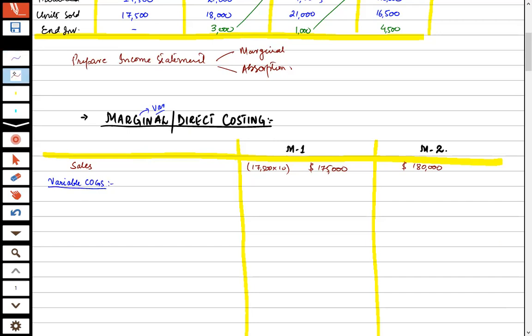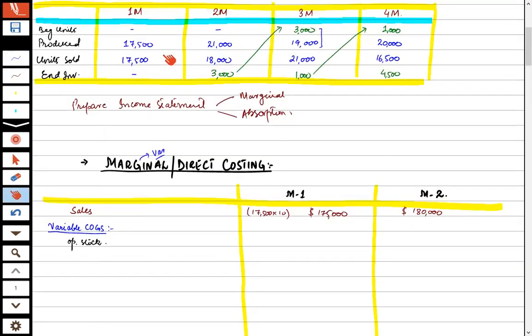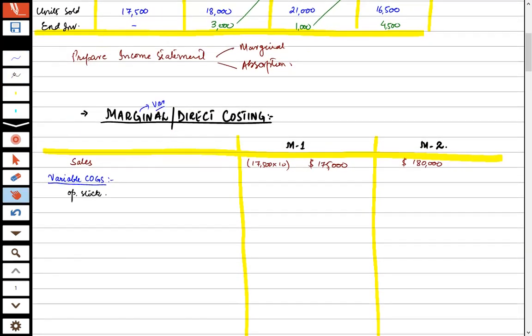In the cost of goods sold format, if you remember, we take the opening stock first. In month one, there was no opening stock, and similarly in month two, there was no opening stock. Therefore, their values would be nil.